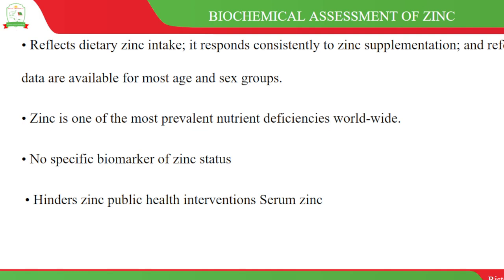So if you assess that someone is deficient in zinc, that can give you a conclusion that this person does not take in a lot of zinc-rich foods. It also responds consistently to zinc supplementation, and references are available for most age and sex groups. With this, you can find out how much zinc someone takes, the RDA, and how much supplementation.